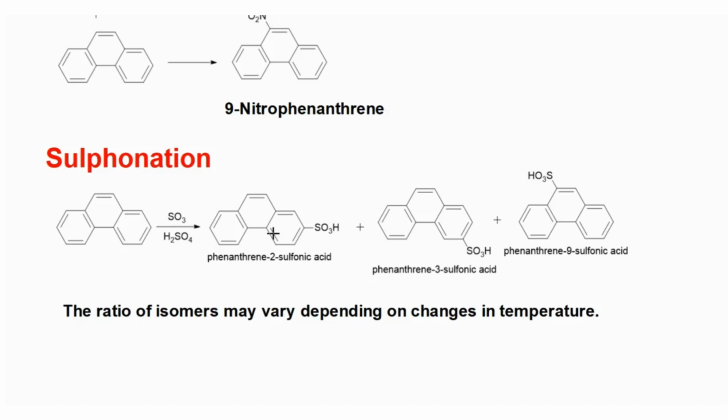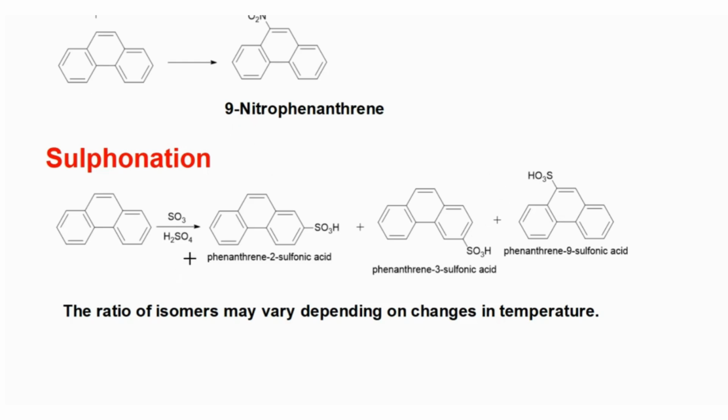Now the sulfonation. Here we generally use a mixture of sulfur trioxide and H2SO4. Mainly we are getting mixtures of sulfonic acids. You see the sulfonic acid substituted at the 2nd position, 3rd position and 9th position.